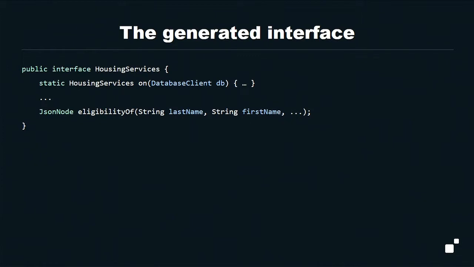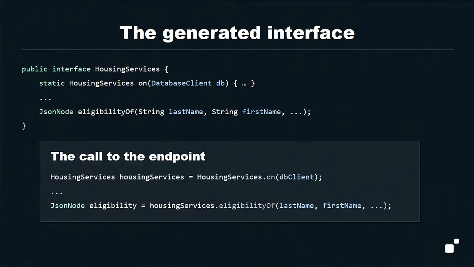The factory up at the top merely takes a MarkLogic database client, so it knows what host to connect to, what port to connect to, and what the credentials are. The factory instantiates our housing services object. So when the Java generalist uses this housing services object, it's simply a matter of passing the database client to the factory and then calling the eligibilityOf function.